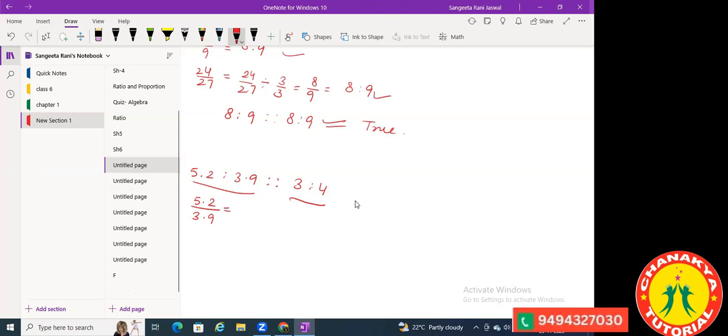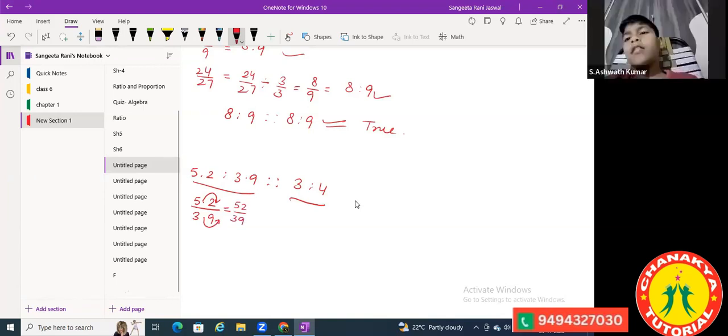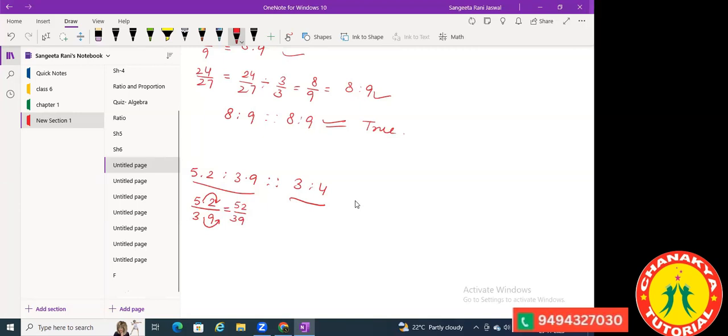See, look here, everyone. Now we have a decimal point. If we want to remove the decimal point, what will we do? We will multiply this by 10. So with that, our decimal point will move one place back. Like this, 52 by 39.